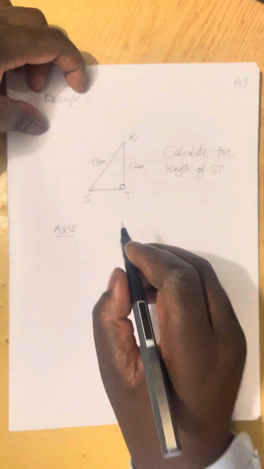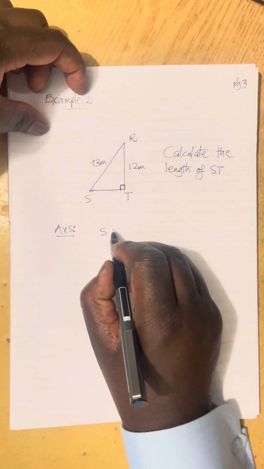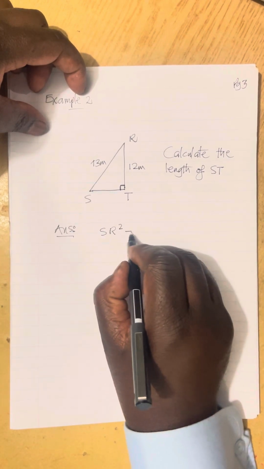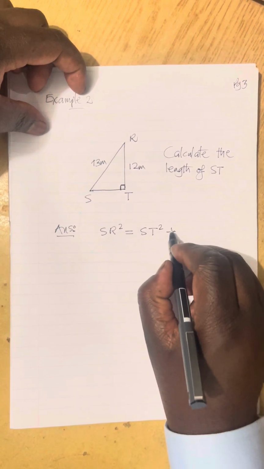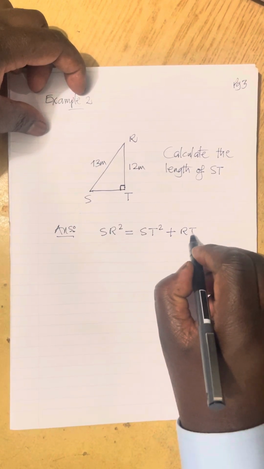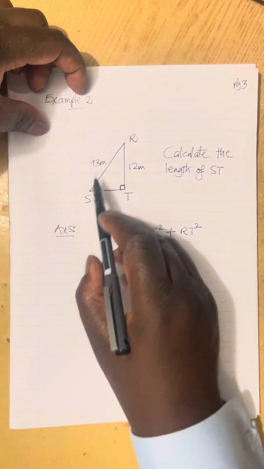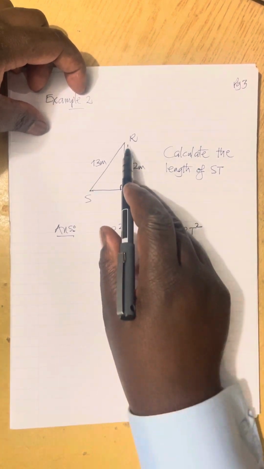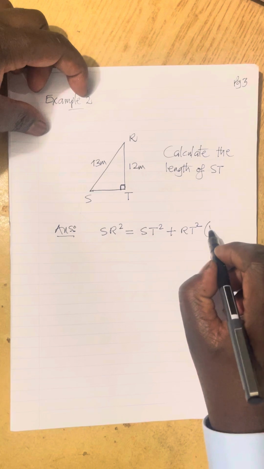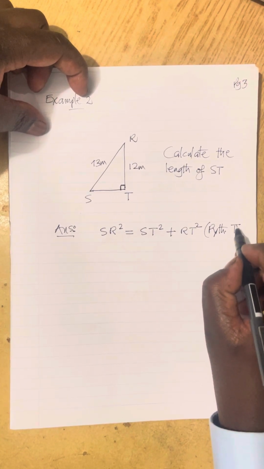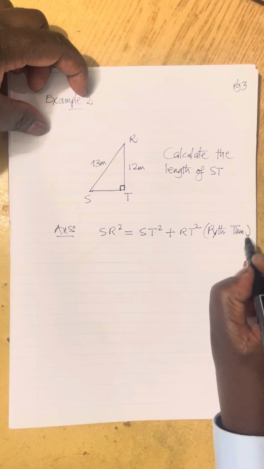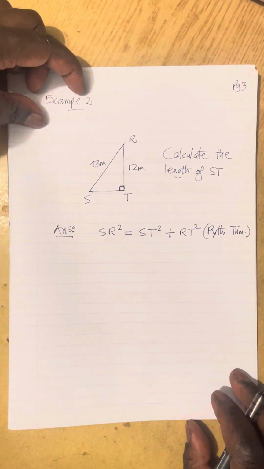Remember, the square of the hypotenuse, SR squared, is equal to the sum of the squares of the other two sides. So SR squared equals ST squared plus RT squared. Do not forget to say Pythagoras theorem as your reason for that statement.